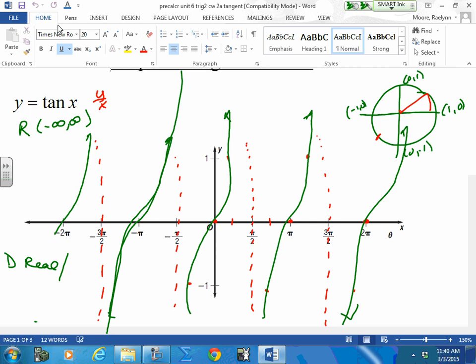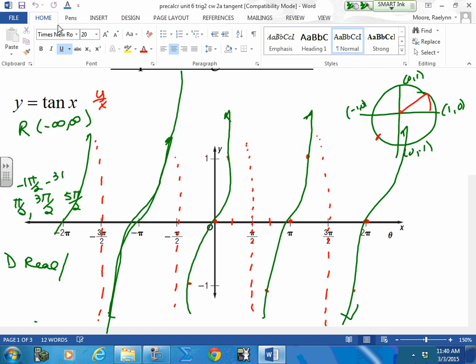90, so let's call that pi over 2. What other ones? 3 pi over 2. Following this pattern, what would be the next one that I couldn't use? 1, 3, 5 pi over 2. Negative 1 pi over 2.